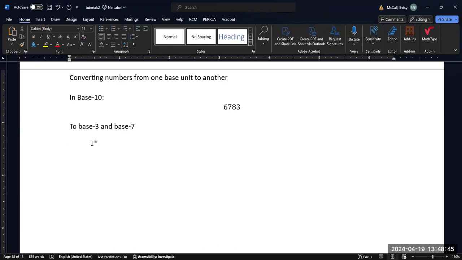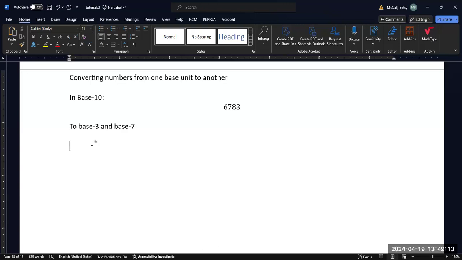So the first thing that we're going to need to do is find the power of 3 which is as close to 6,783 as possible, but not larger than it. So I'm going to start with 3 to the 6th. That's 729. Times 3 is 2187.